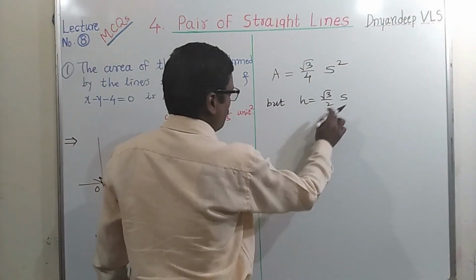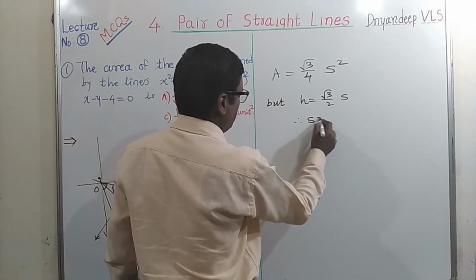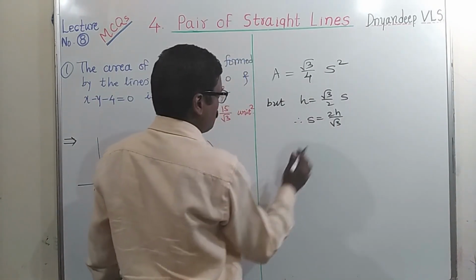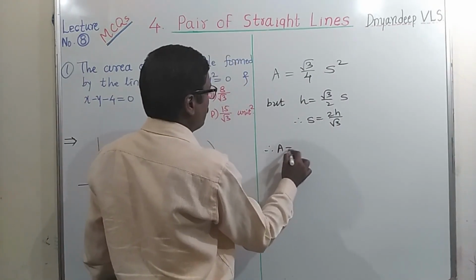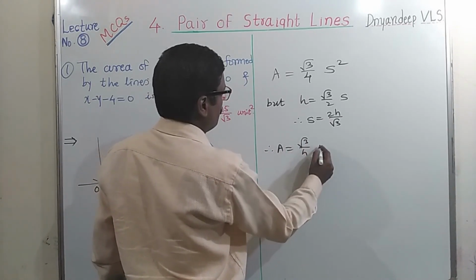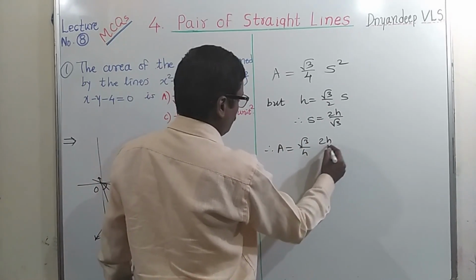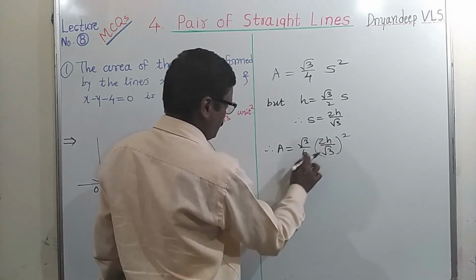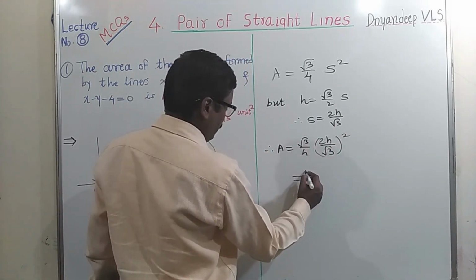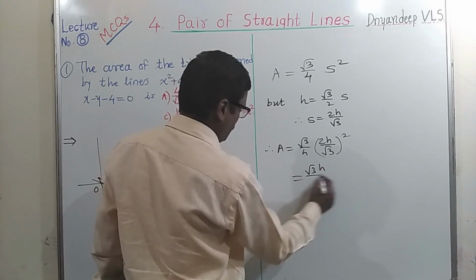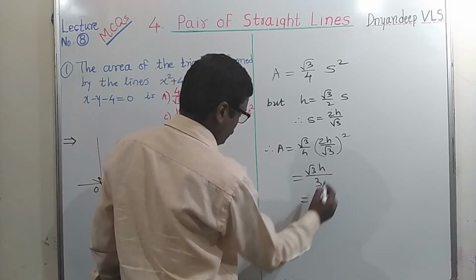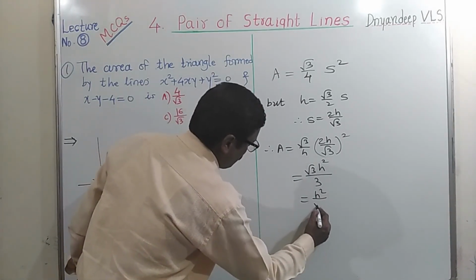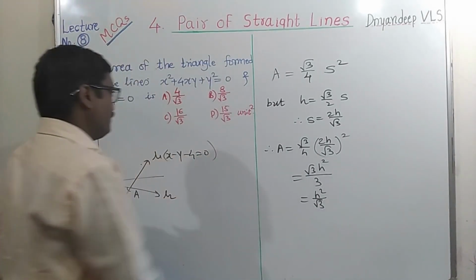From this we can find s is equal to 2h upon root 3. Put s equal to 2h upon root 3. Therefore, area equal to root 3 upon 4 into (2h upon root 3) square. So this 4 and this 2 square will cancel. We get h square upon root 3. So this is the area of the triangle.